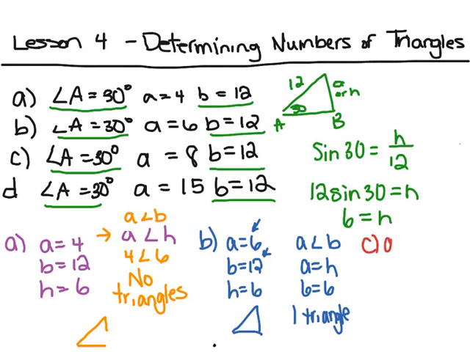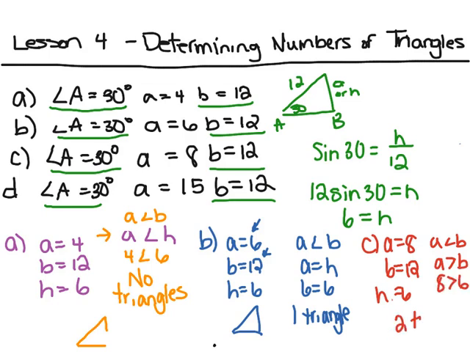For C, we have A equal to 8, B equal to 12, H equal to 6. We know that our A is less than B, so we have to go on to our H's. We know that our A is greater than H because 8 is greater than 6.